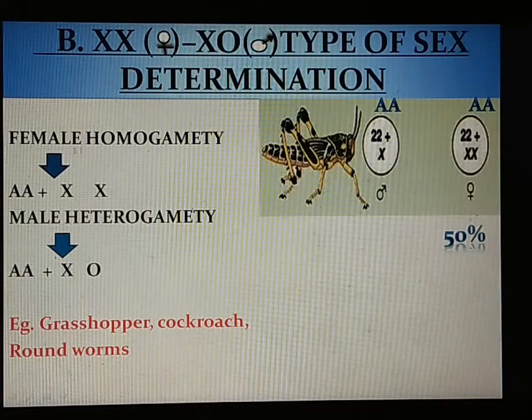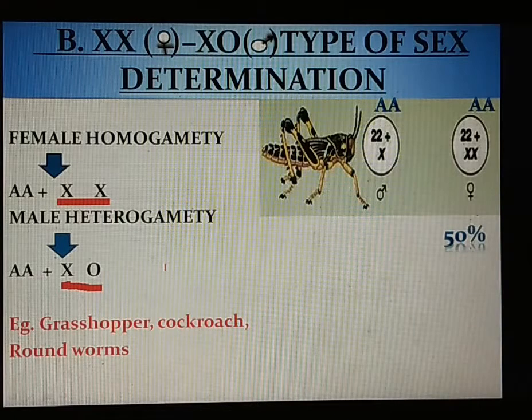So here we see female homogamety with similar kinds of sex chromosome, XX, whereas in male heterogamety there is only one sex chromosome in an individual. O denotes the lack of one more sex chromosome. Therefore we call this type of sex determination XO type.